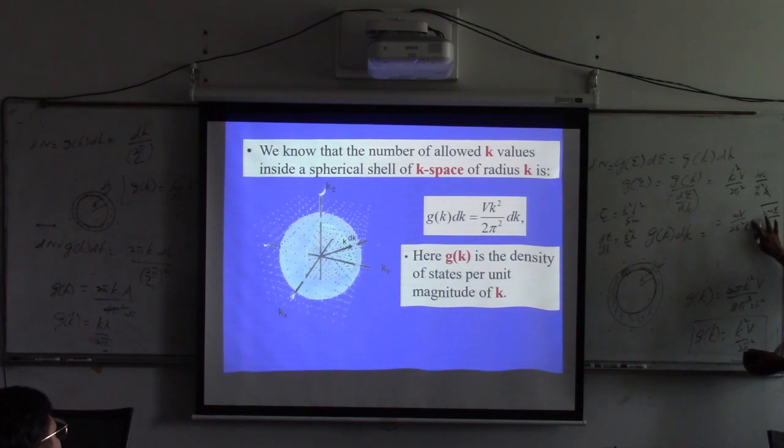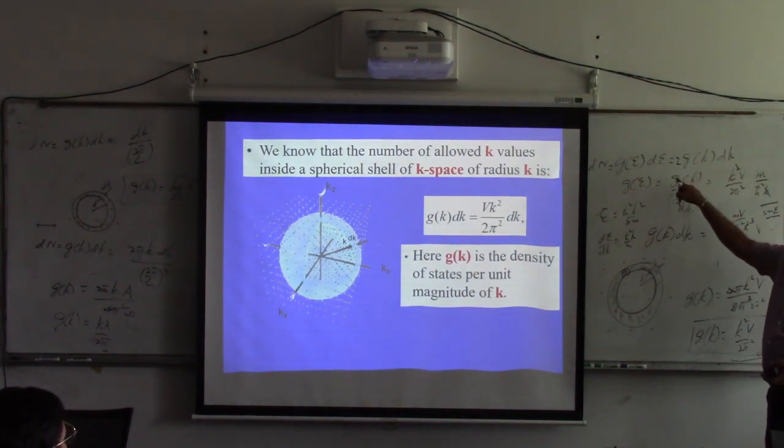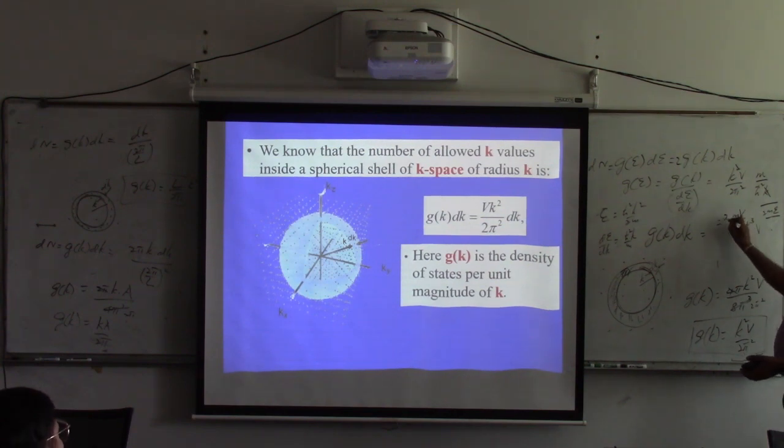So h bar squared is actually, this becomes h, right? Actually you have to include another 2 here because we didn't consider the spin. Ideally you have to have another 2 here.